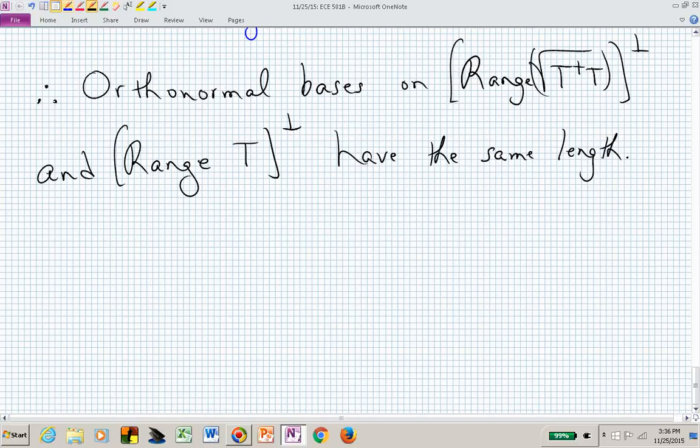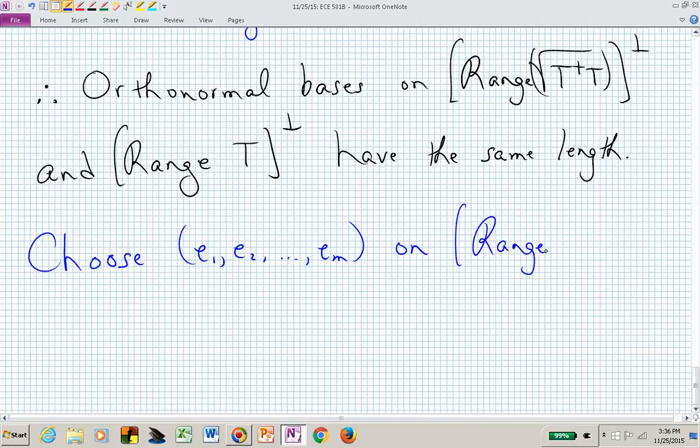Now let's select some basis vectors. Let's choose E1, E2, up to E sub m to be the orthonormal basis on the first range space, which we will call the range of the positive square root of T dagger T perp.